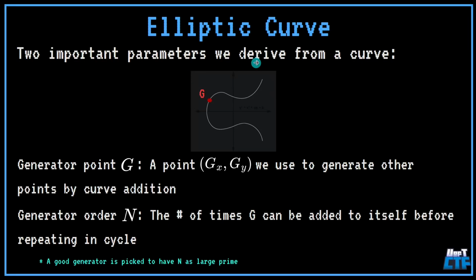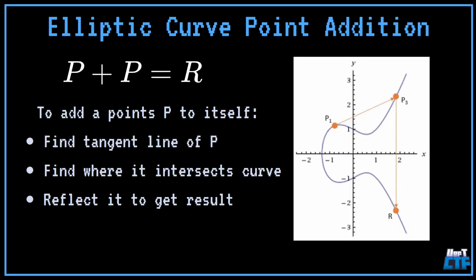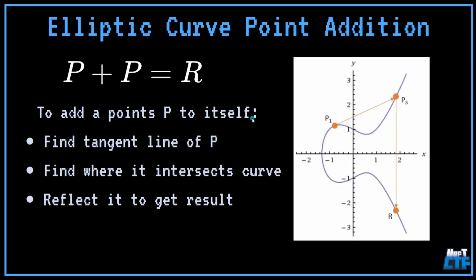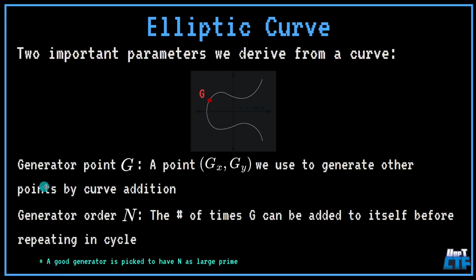There are two key parameters that we use when doing crypto with curves. Obviously we share the curve itself, so we share A and B, which are the parameters of the curve, but we also want to share something else, called the generator point. A generator point is a point on the curve.